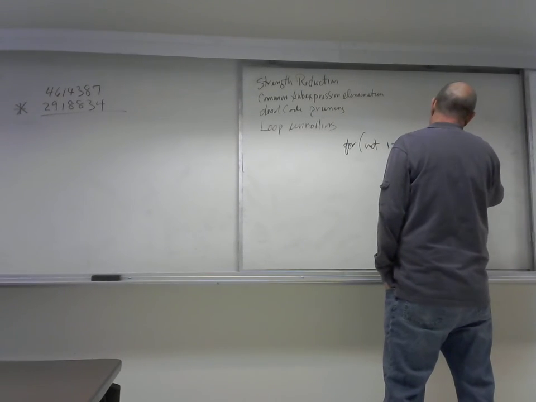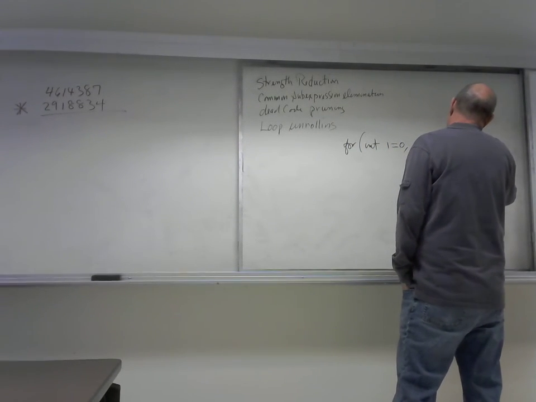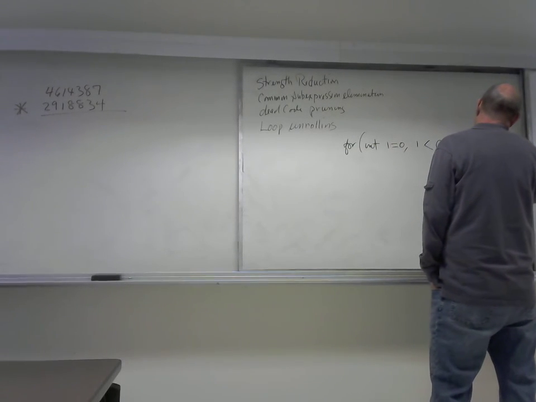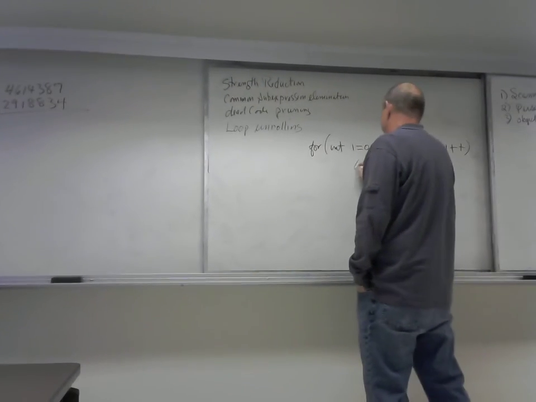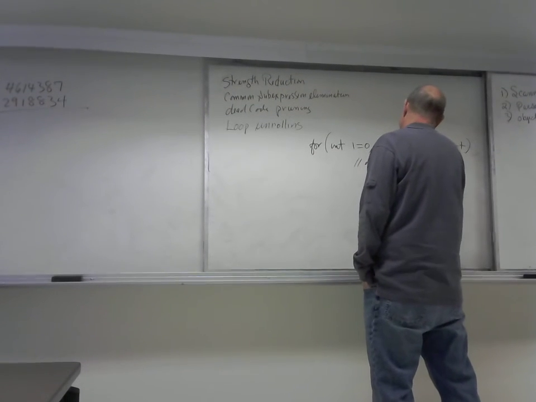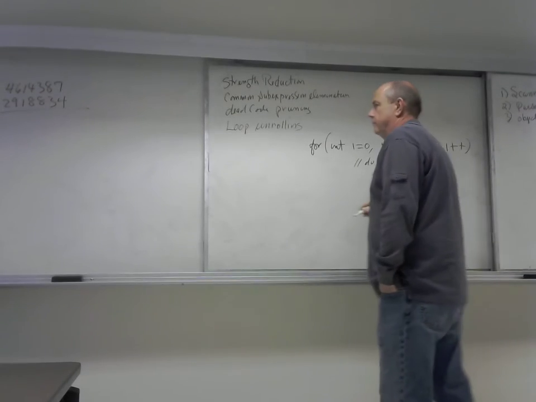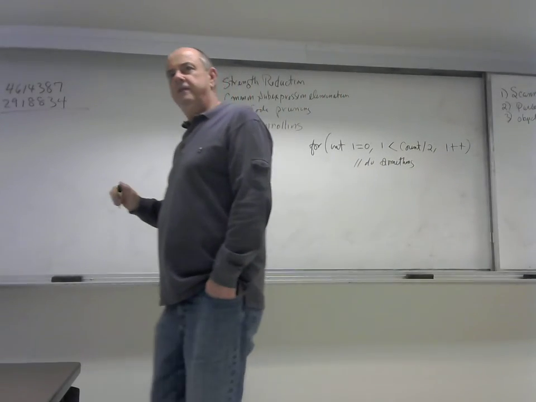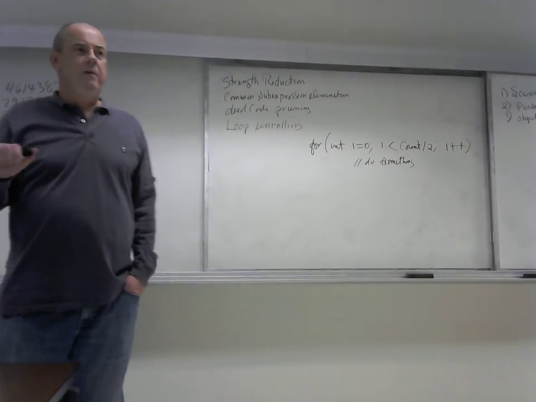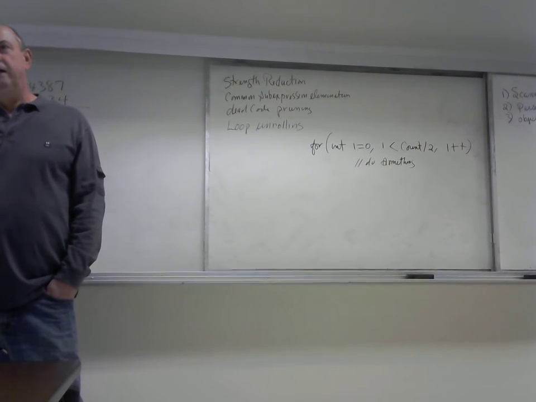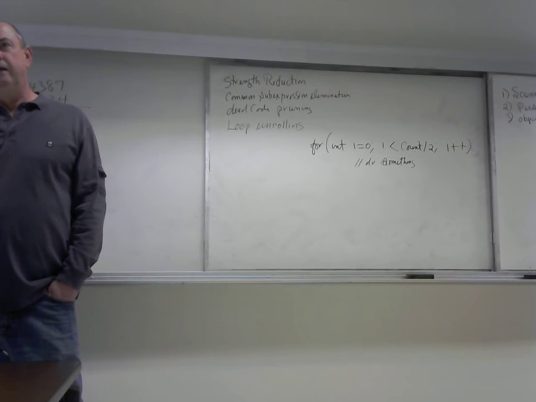Say you have a loop: y less than count over 2, plus do something. If this is executed the way it's written, how many times are you going to divide count by 2?